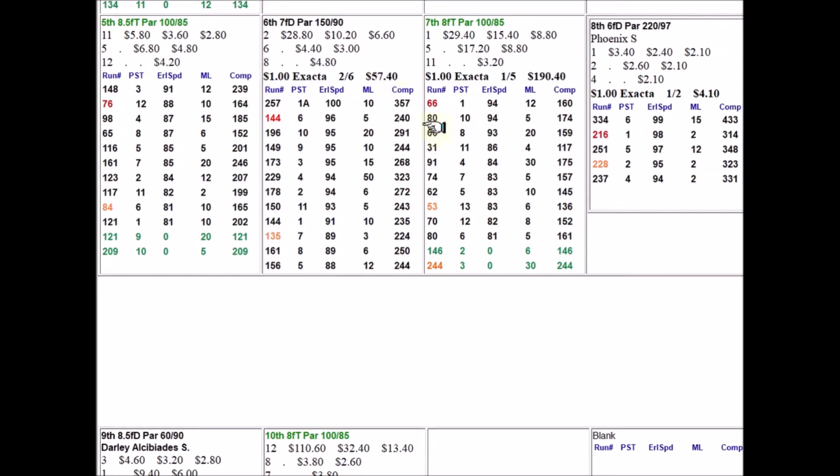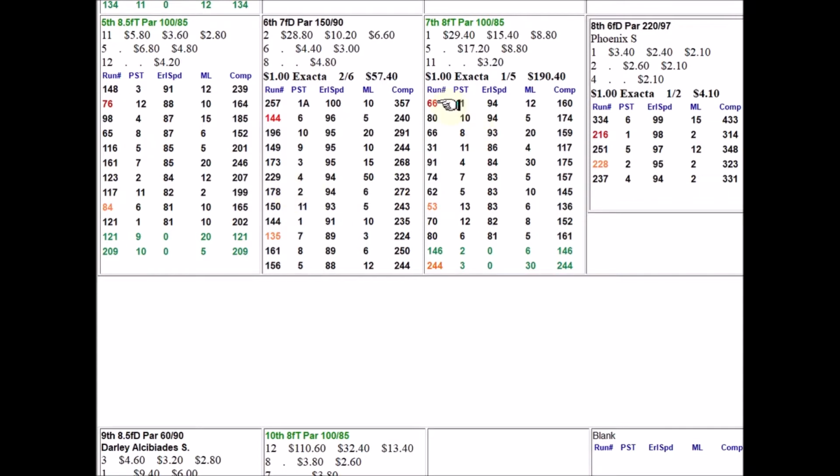But we don't need to pay any attention to that, because who's going to bet a pick 5? With the two pairs, you'd put in the pair at the new par, and then go ahead and put in the pair at the old par too. I mean, who's going to do that?